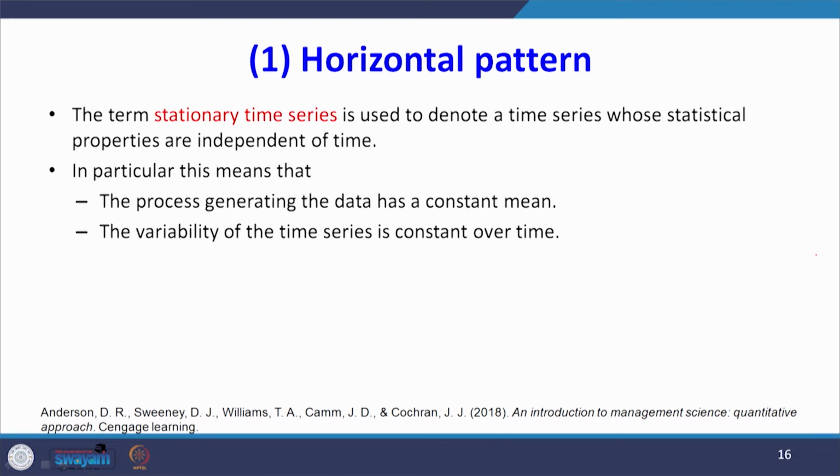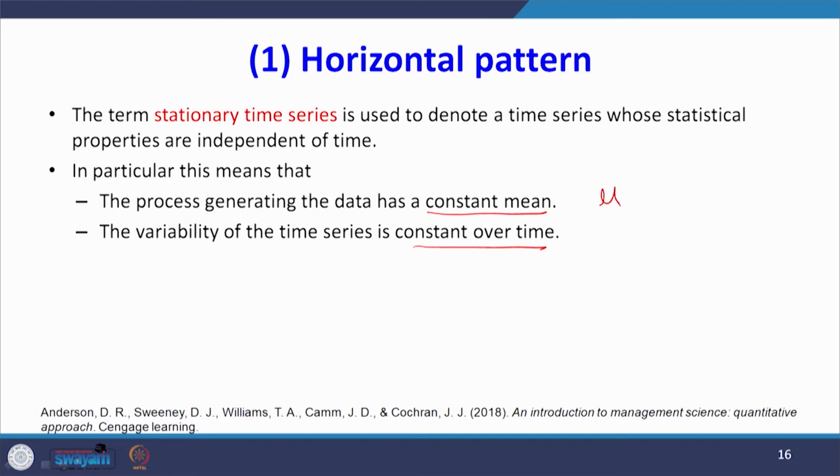The term stationary time series is used to denote a time series whose statistical properties are independent of time. In particular, when we say stationarity, that means the process generating the data has a constant mean, and the variability of the time series is also constant over a period of time.